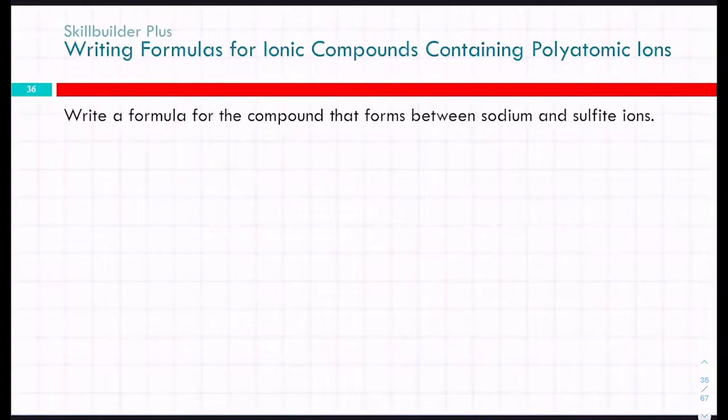All right, so another one here. We have sodium, which is Na. Sulfite is a polyatomic ion of sulfur. We'll talk more about polyatomic ions. This is SO3, 2 minus. And sodium is in our first column, so it has a 1 plus charge.